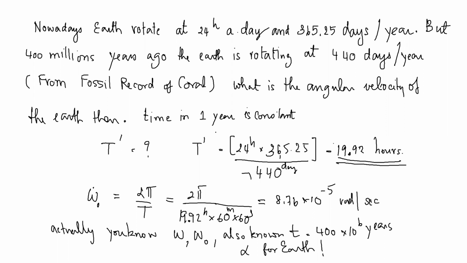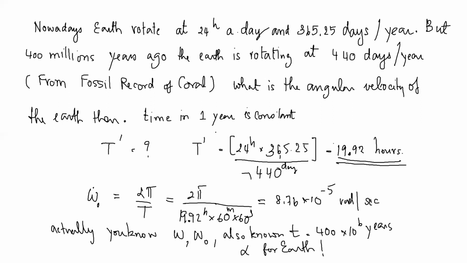400 million years ago, they found fossils of coral. A coral is a marine animal. In Thai, we call it pakarang. A fossil record from coral records the number of days in a year.